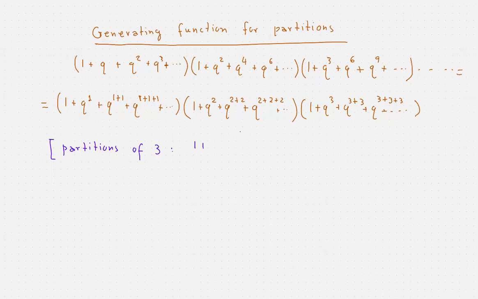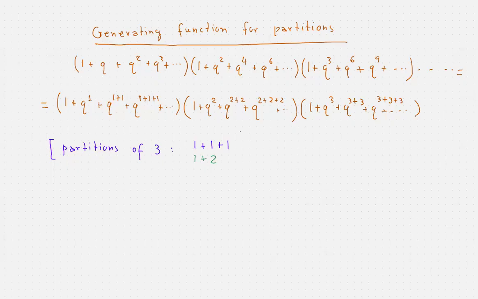Let me use different colors here, and you will see why. Let me use green here and say 1 plus 2. And finally, let me use red here and say 3.